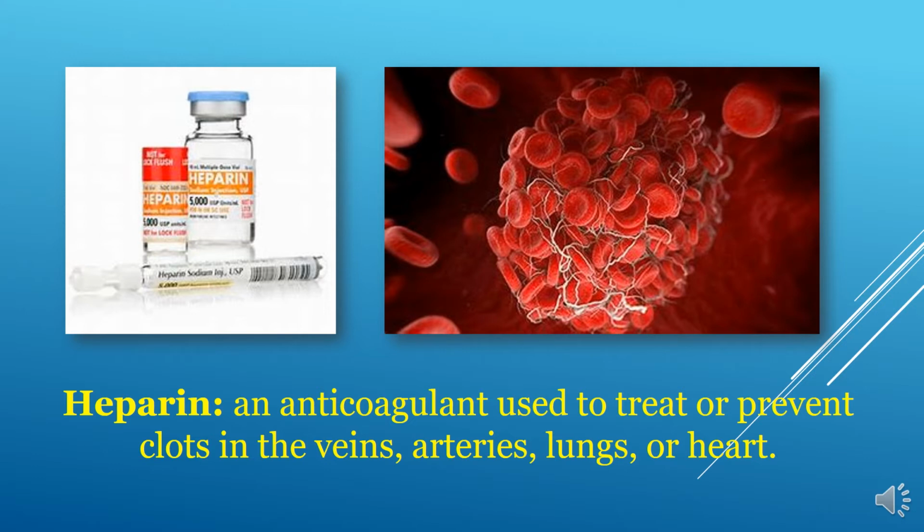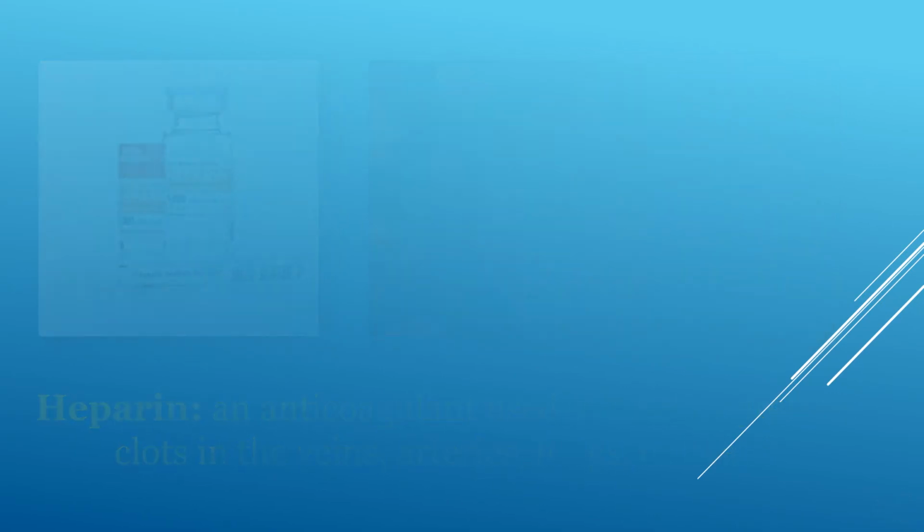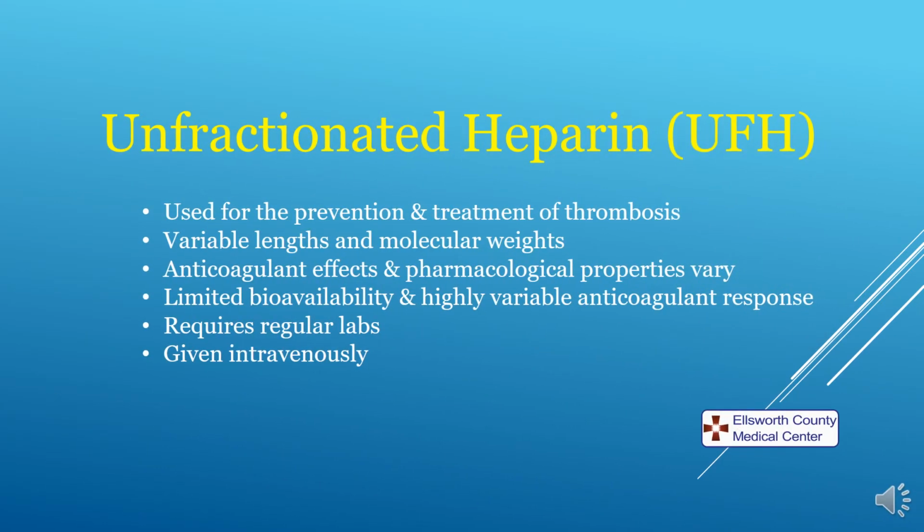There are two kinds of heparin, unfractionated heparin and low molecular weight heparin. Unfractionated heparin has been used for the prevention and treatment of thrombosis for several decades. It's a natural polysaccharide with variable lengths and molecular weights.